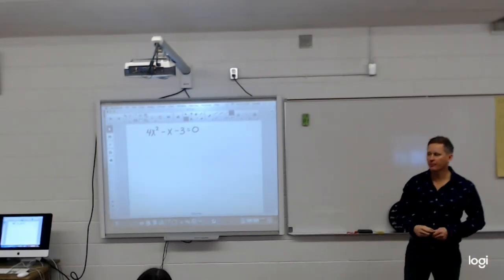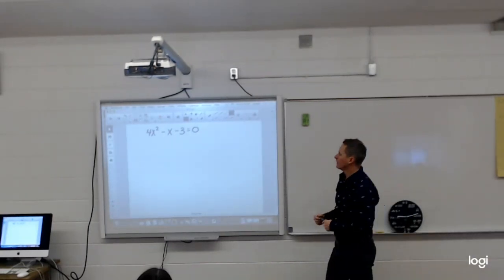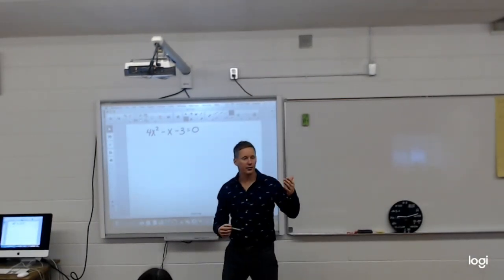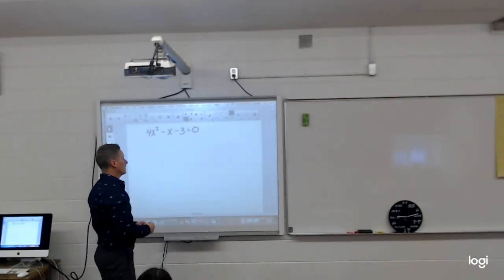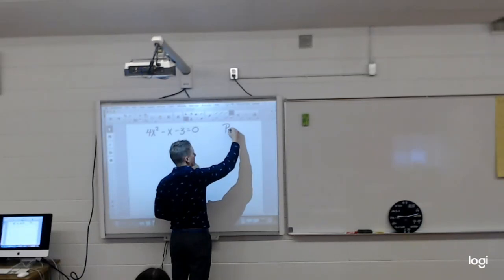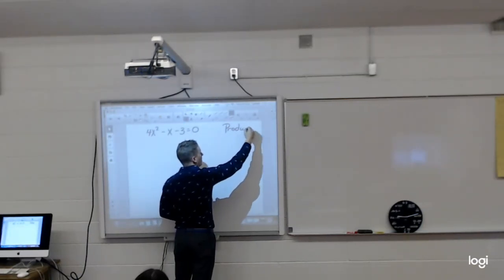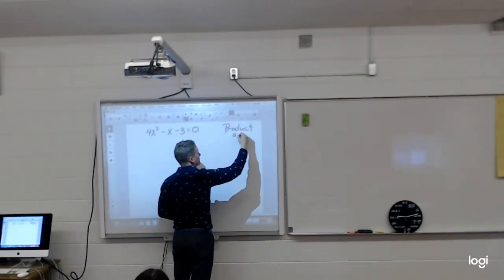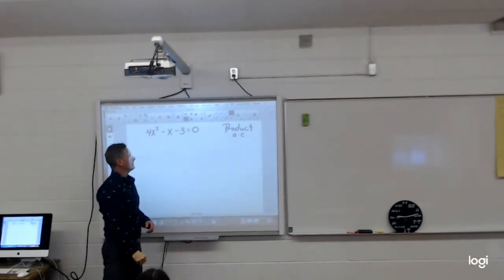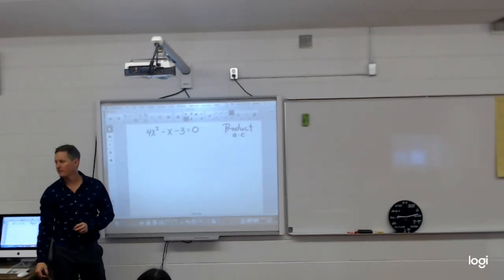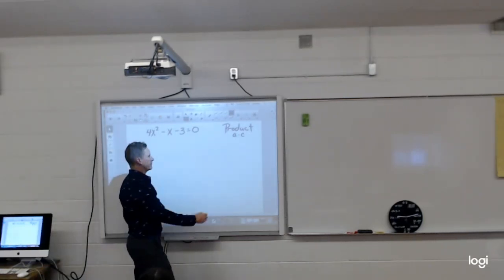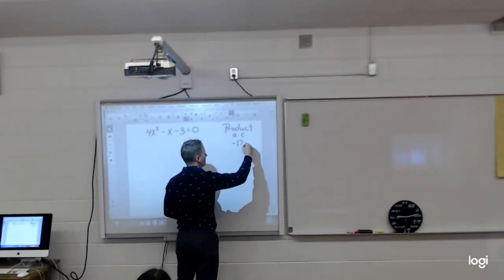So now I have to approach this differently. There were 3 steps we looked at last year on how to factor this properly. First of all, I look at the product. The product is a times c. So I take my a value, 4, times my c value, negative 3, which gives me negative 12.